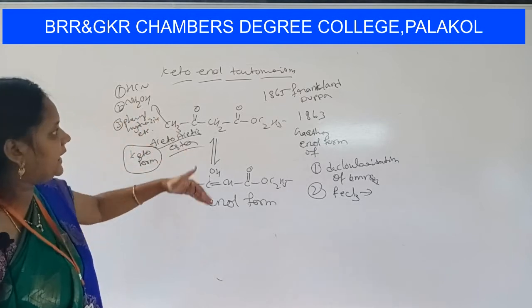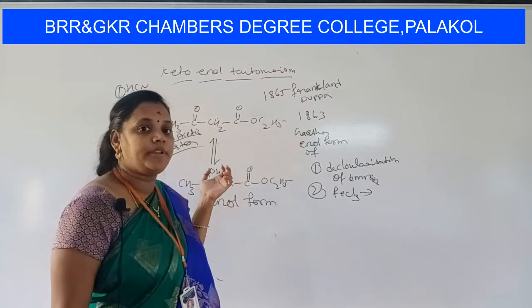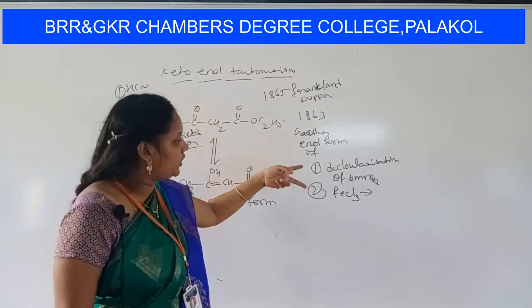In 1863, first Geuther gave the enol form, and he confirmed the enol form by doing 2 reactions.